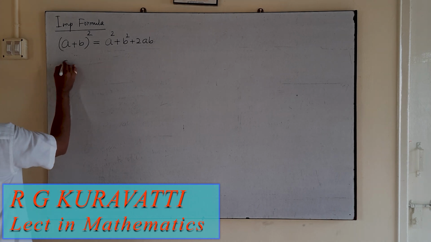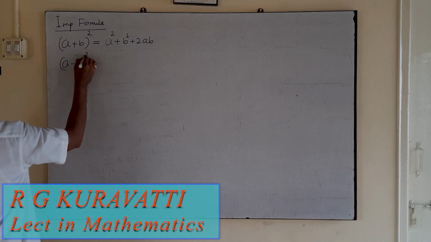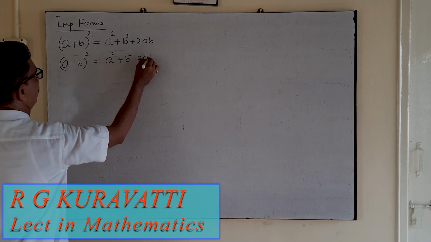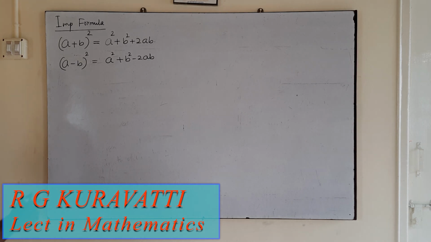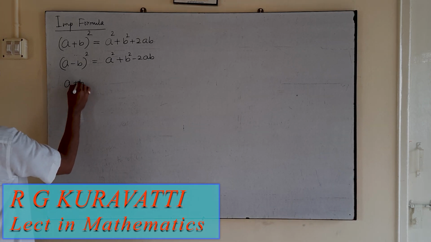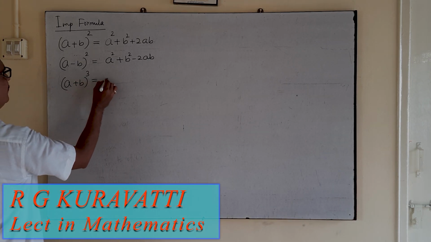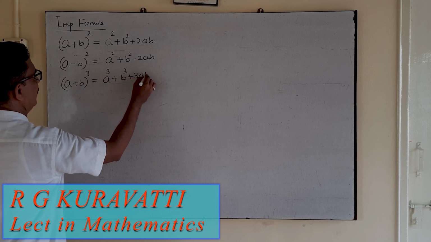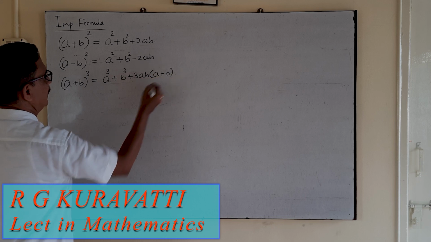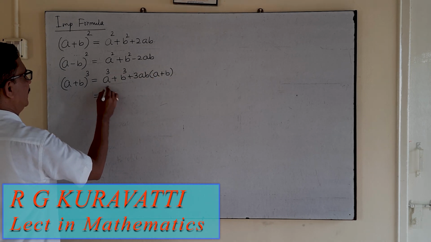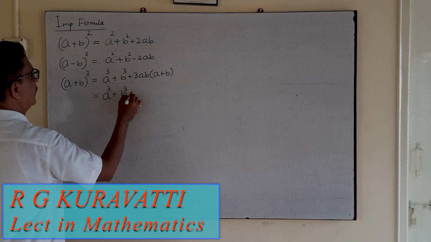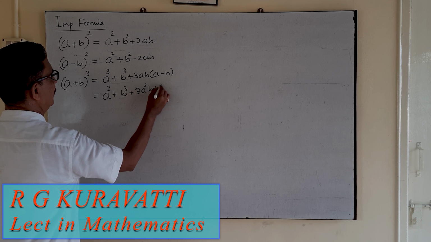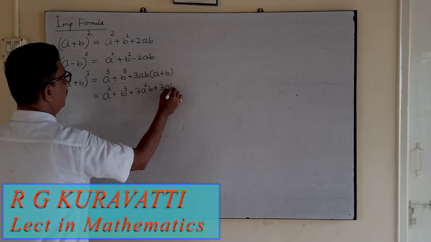Okay, whereas (a minus b) whole power 2 is equal to what? a square plus b square minus 2ab. Similarly, (a plus b) whole power 3 is equal to what? a cube plus b cube plus 3ab into bracket (a plus b). Or we can write like this: a cube plus b cube plus 3a square b plus 3ab square.